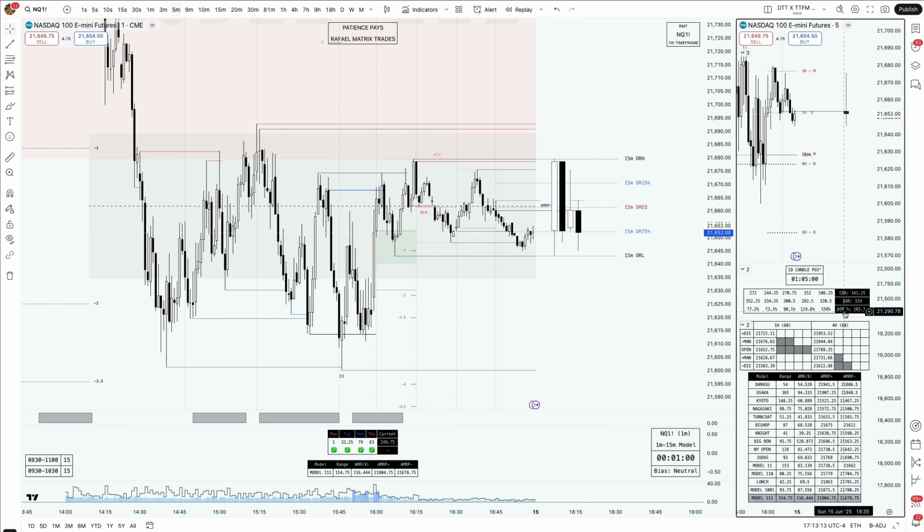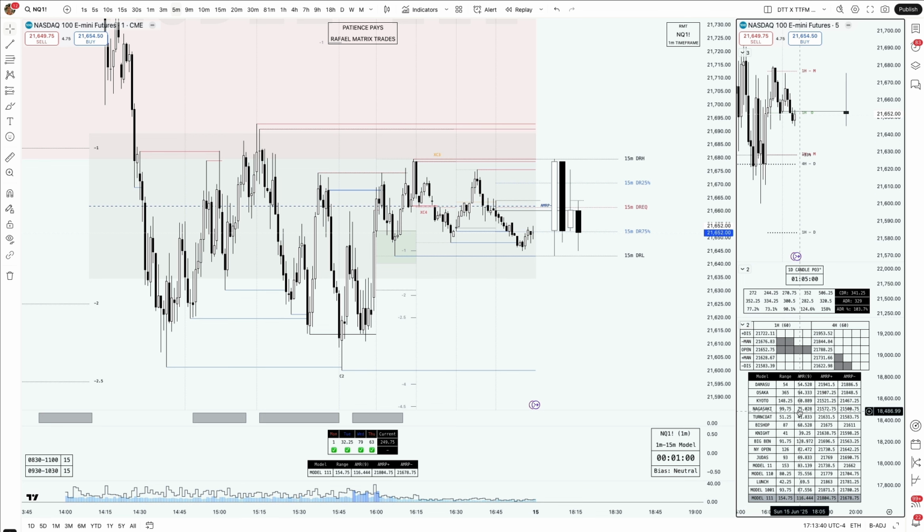Down here we have the table of the ADR levels, like the percentage that was filled and the number of points. Also the table for the OHLC. We can check it for the 1 hour candle and the 4 hour. If we reach the manipulation levels, in this case the bearish manipulation levels on the 1 hour, and on the 4 hour the bullish manipulation level, we can check which level was taken on this table.